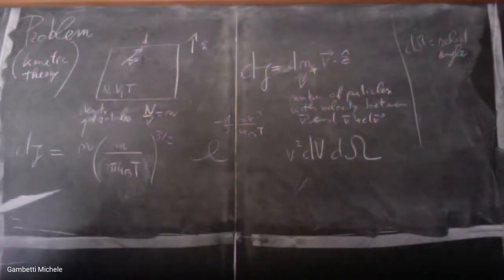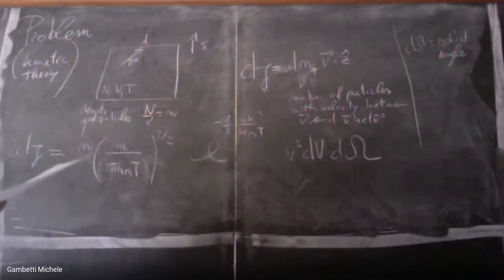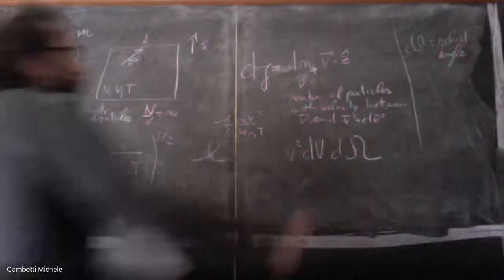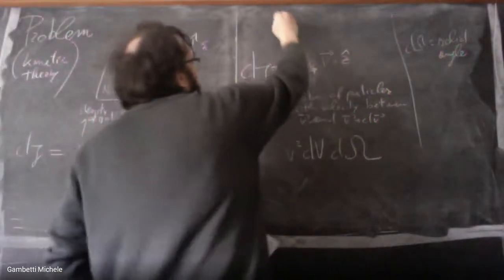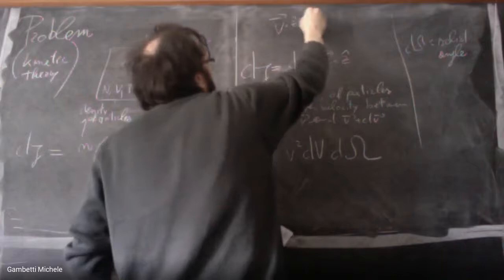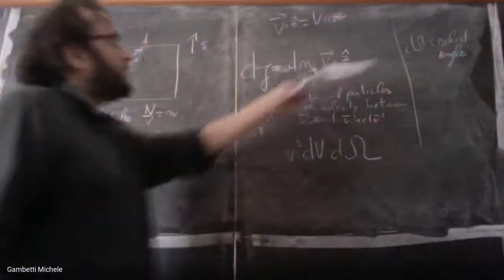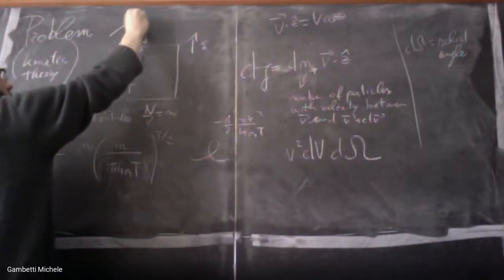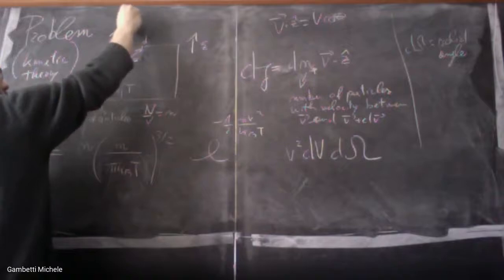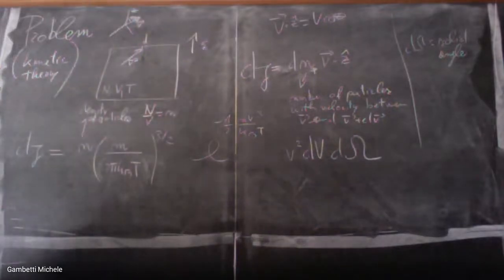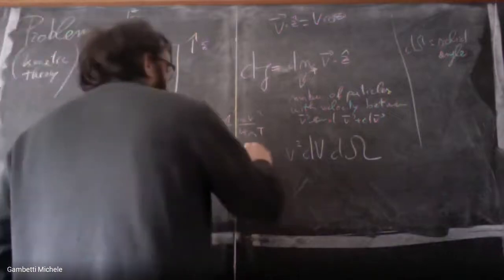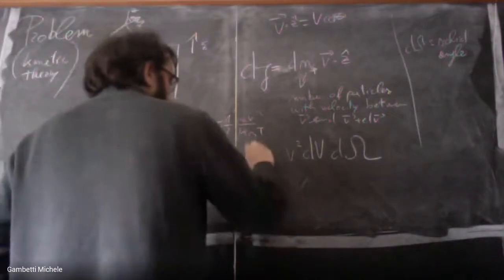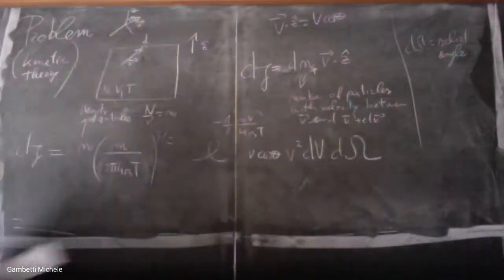Let me see what is missing. Yeah, and then I have the scalar product of v and z, and v·z is equal to the modulus of the velocity times cos θ, where I have introduced spherical coordinates. Suppose that this is z, this is the velocity, and this is θ. So v·z is v cos θ, and let me introduce a v cos θ here.